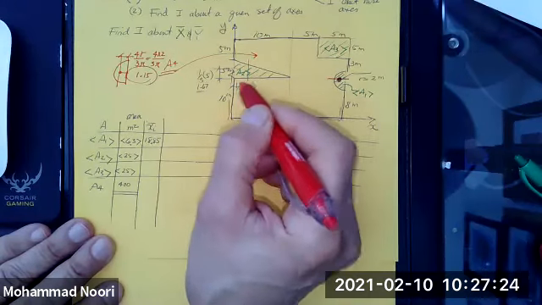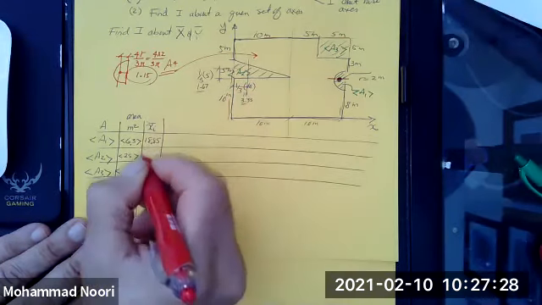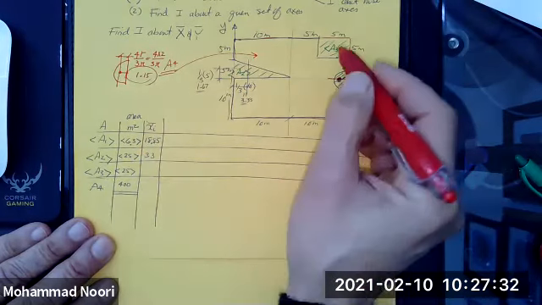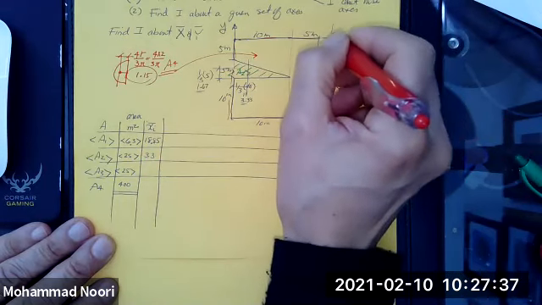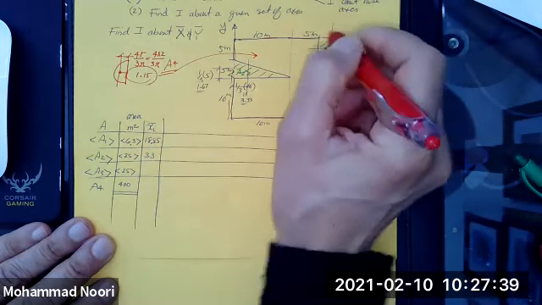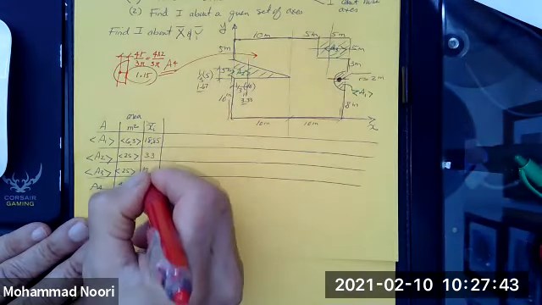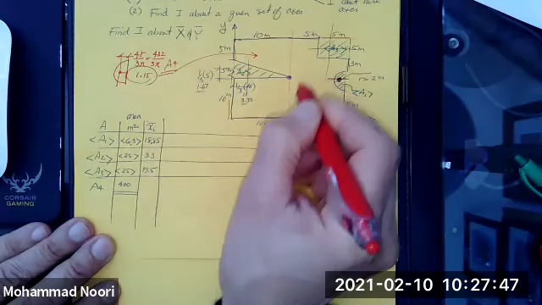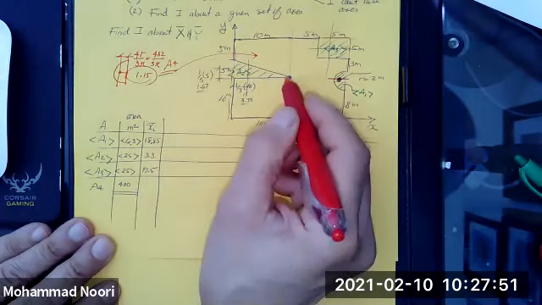I'm sorry, this is 3.33 from the y-axis. For area 3, the centroid is right here, which is 2.5 and 2.5. So this distance is 2.5, this is 15, so this would be 17.5. And for area 4, this is the centroid of this square, so that is 10.